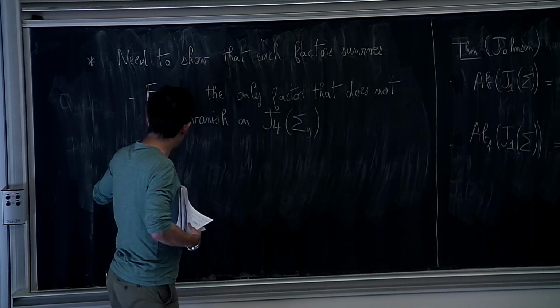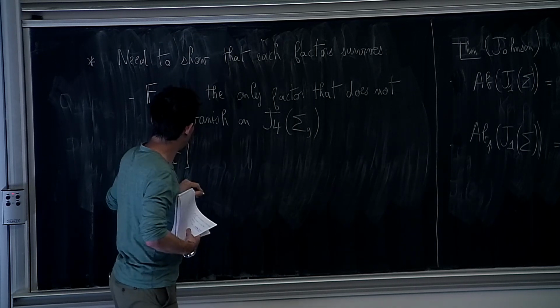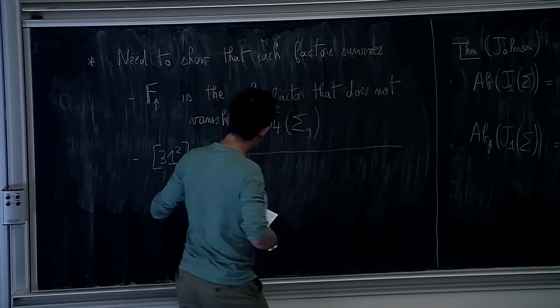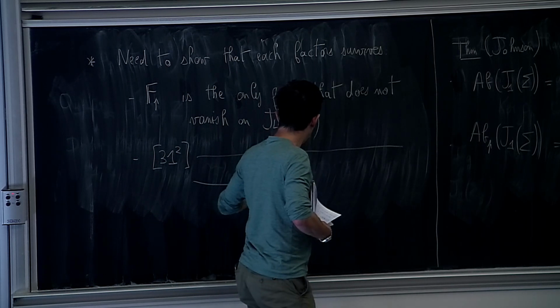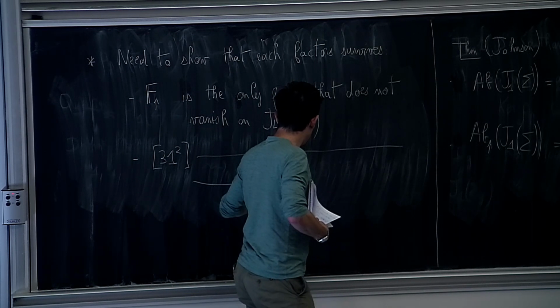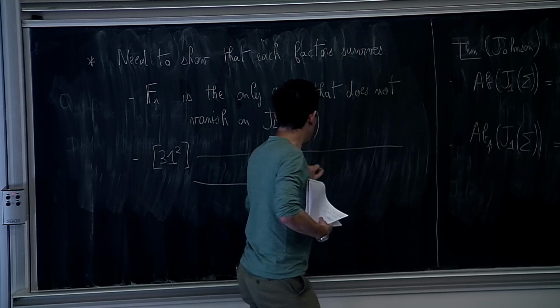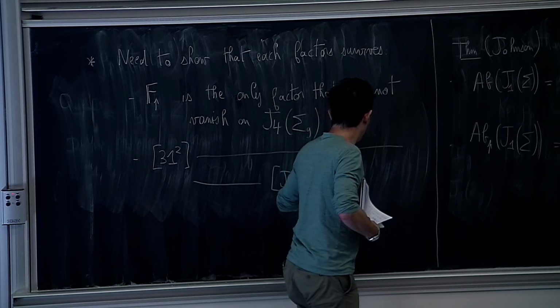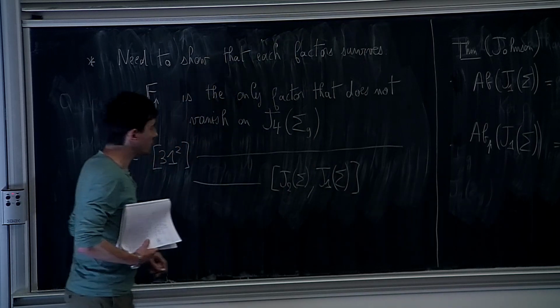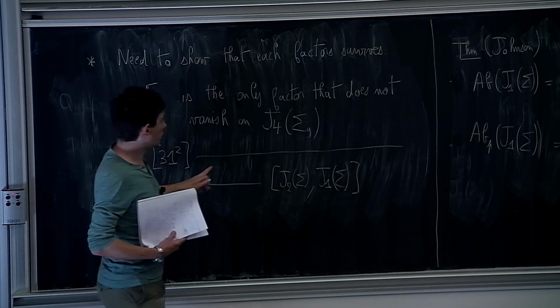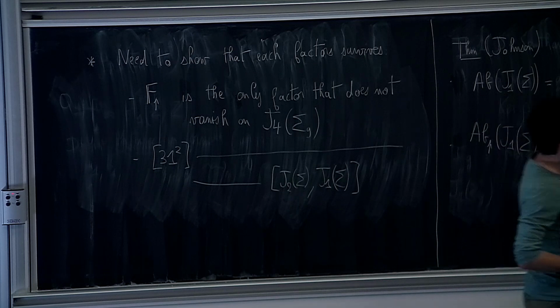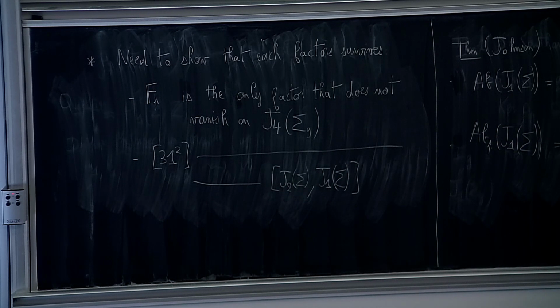And similarly, you have that the last factor is the only one that does not vanish on the commutator of J2 and J1. So here you have a map from J2 of sigma to this F_p vector space, and thus I can project on each component.